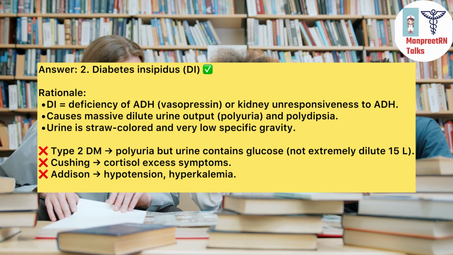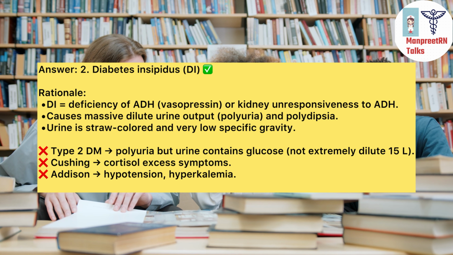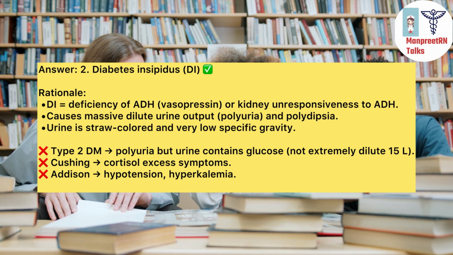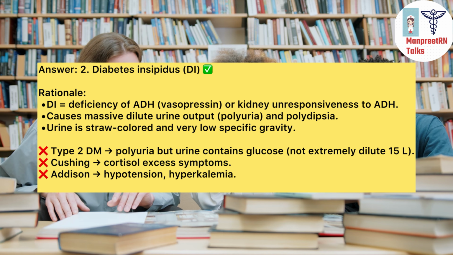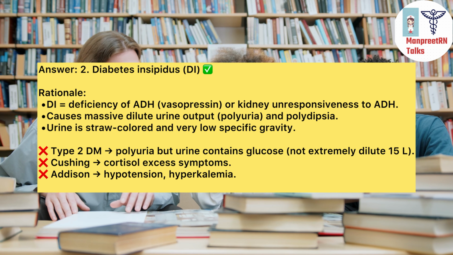As a result of DI, there is excretion of a large amount of diluted urine because the distal kidney tubules and the collecting ducts do not reabsorb the water. This can lead to polyuria. Dehydration from massive water loss increases the plasma osmolarity, which further stimulates the sensation of thirst. Thirst promotes increased fluid intake and aids in maintaining hydration. So the correct answer is DI, diabetes insipidus.